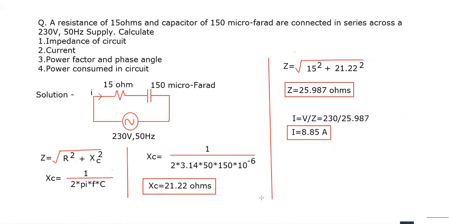Now power factor, we know for power factor the formula is simply R by Z. One of the formulas is R by Z. Okay, so we know the value of R. R is 15 by, we also calculated the value of Z, 25.987.